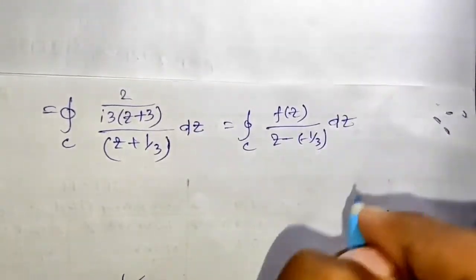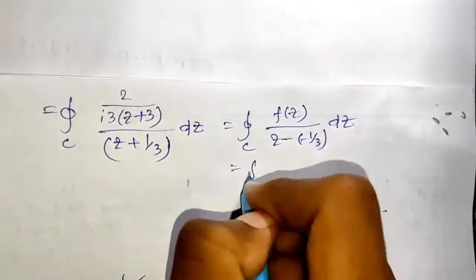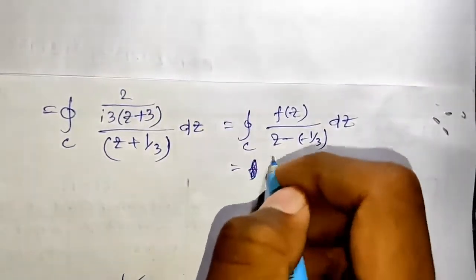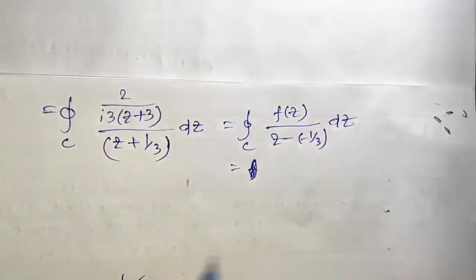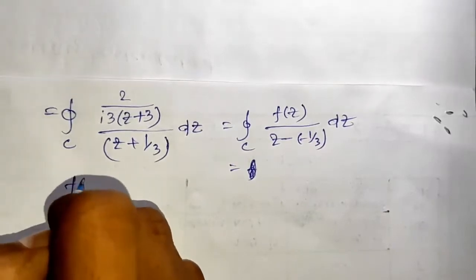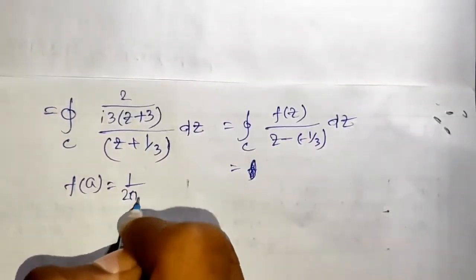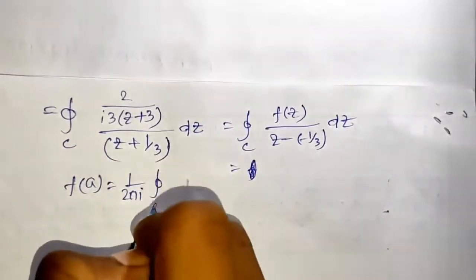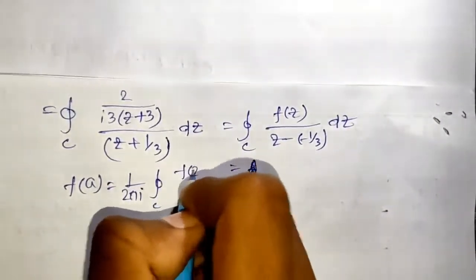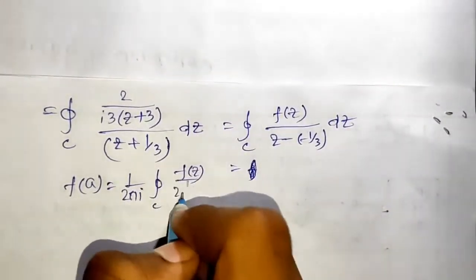The theorem is f(a) equals 1 upon 2πi, closed contour integral of f(z) by (z minus a) dz.